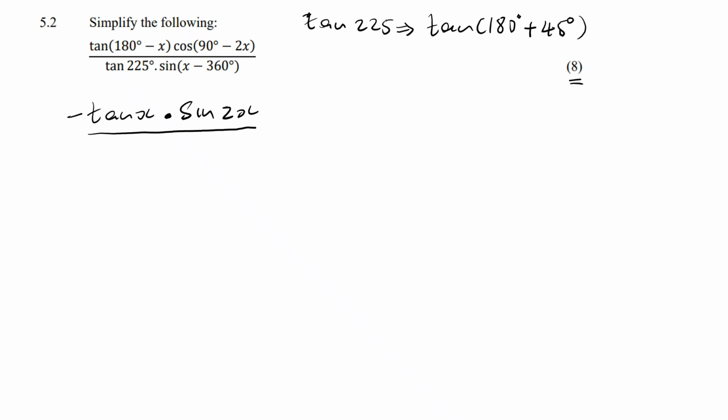Perfect. Okay, so now when I do this, I'm just gonna say, where is tan 180 plus theta? That's quadrant 3. How is tan in quadrant 3? Tan is positive, so this will change into the tan of 45 degrees. So I'm just gonna write it down here. And also, so far you have 3 marks.